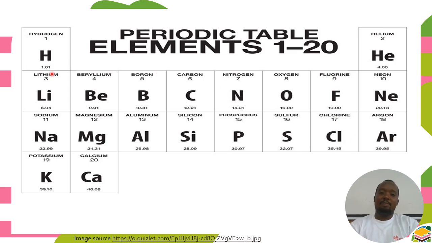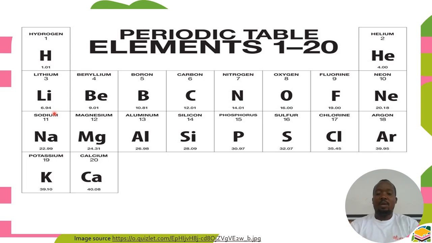What about periods? Period number 1, then we have period number 2, then period number 3, then period number 4. So as you can see, in period number 1, we have 2 elements. Can you name them, please? Yes, hydrogen and helium.